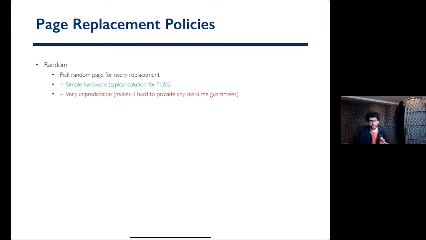What if the randomly selected victim is a popular page? So it has really bad performance implications. Maybe you pick a good page, maybe you pick a bad page, and depending on this randomness, you can actually end up having really unpredictable performance.